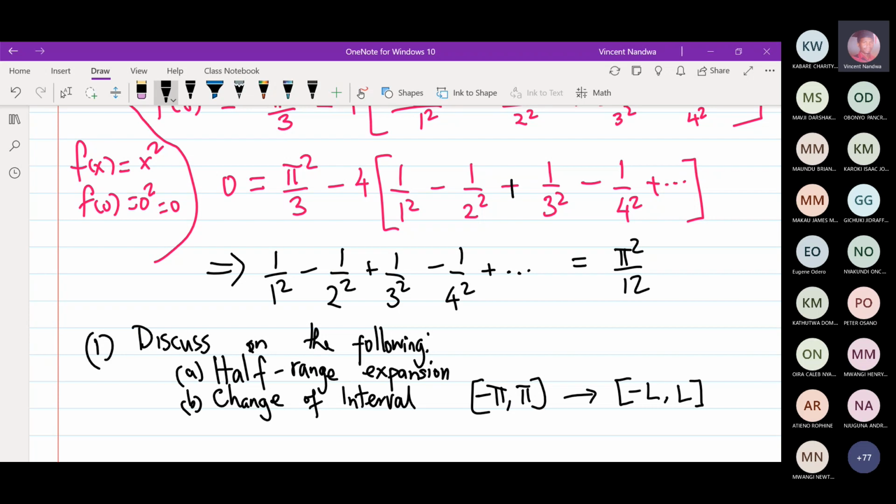And half range means what happens if we are given a function defined from 0 to pi, and we are asked to find its Fourier cosine series or Fourier sine series. So discuss those two aspects and probably give one example in each case. I'll be sharing supporting documents to help you do that.